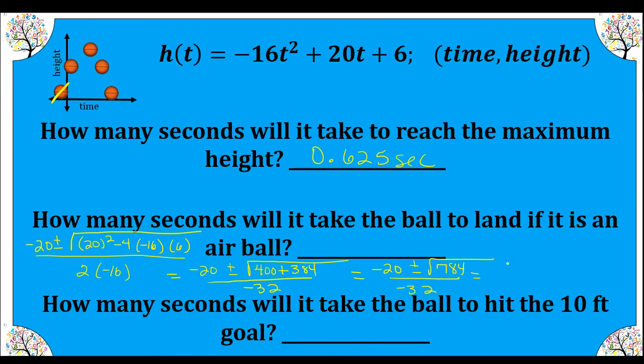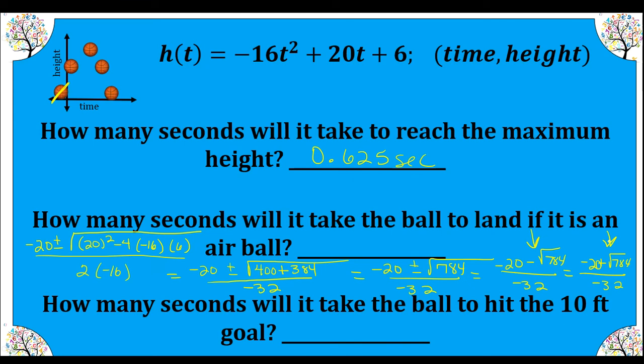And now we're going to have two equations, two roots. We're going to have a minus, and we're going to have a plus. That should be a 20. Okay, so we have two equations. Here's one, and here's the other. The one that's negative is irrelevant.